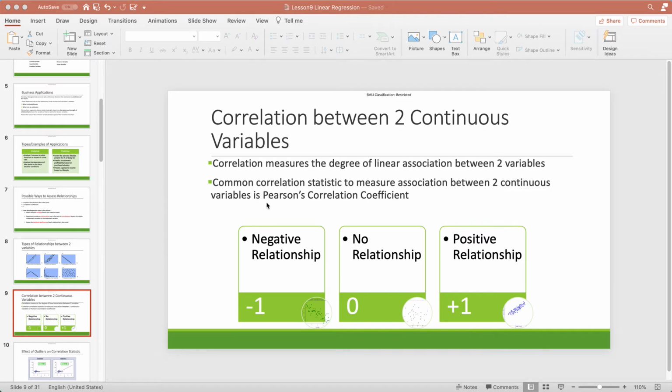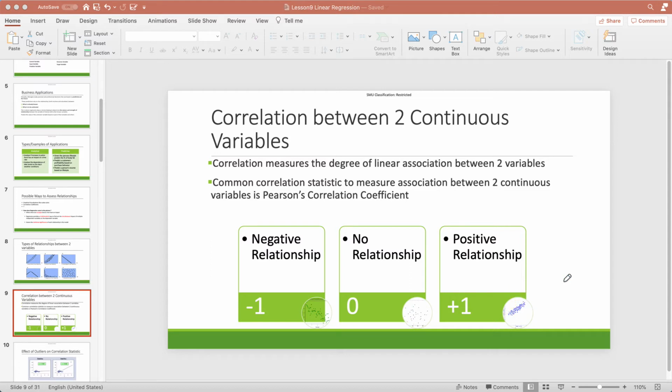This is known as Pearson's correlation coefficient. You might know that when the value is 0, it means that there is no relationship between x and y. This is random. When the value is -1, it means a perfect negative relationship, and when the value is +1, it means a perfectly positive relationship.